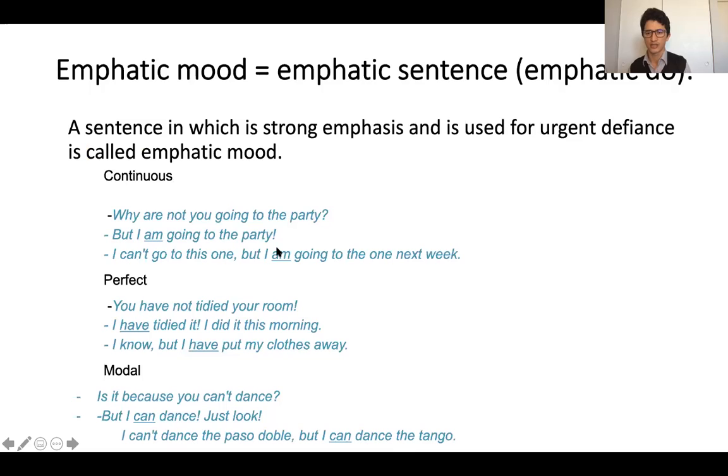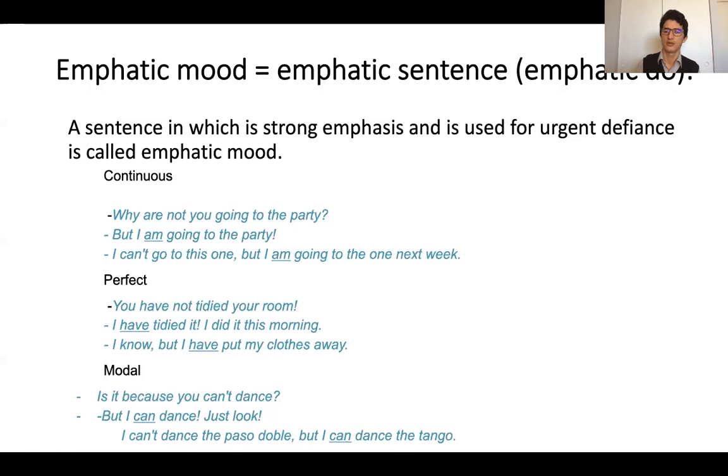Okay, so today we are studying emphatic mood, emphatic sentences, or emphatic do. We can put different names for them. One of them is enough, but some people use emphatic mood, some people use emphatic sentence, some people say emphatic do.